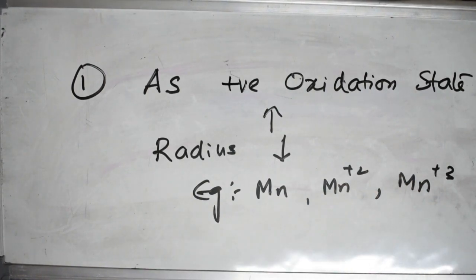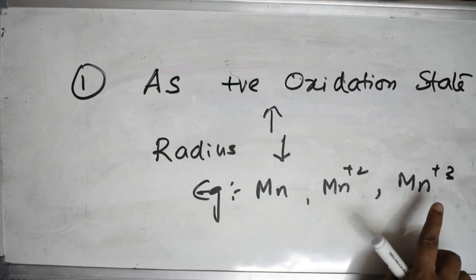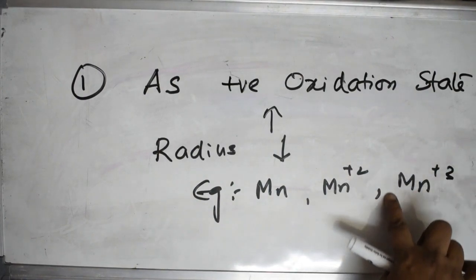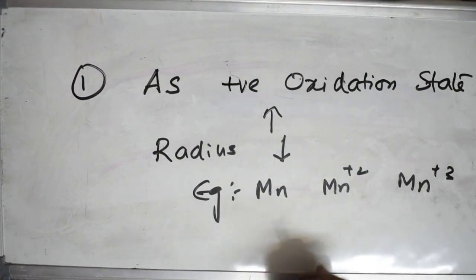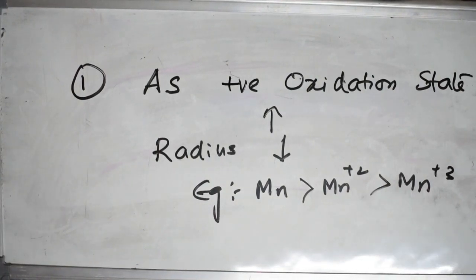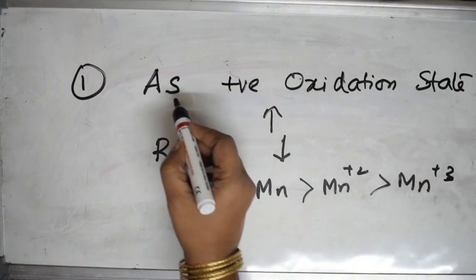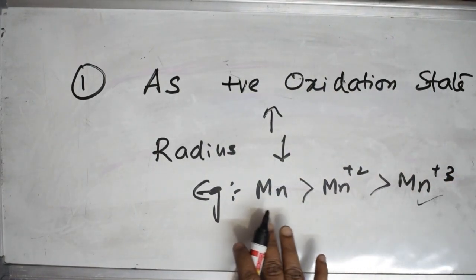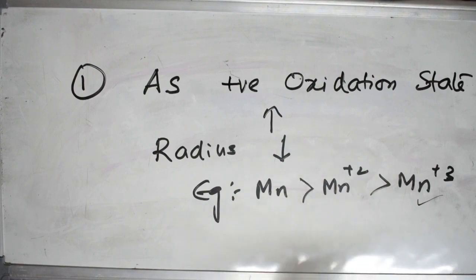So which will have less radius? The positive oxidation state is more, which means the radius will be less. So how will be the order? Mn will have greater radius than Mn plus 2, which will have greater radius than Mn plus 3. So as the positive oxidation state increases, radius decreases.